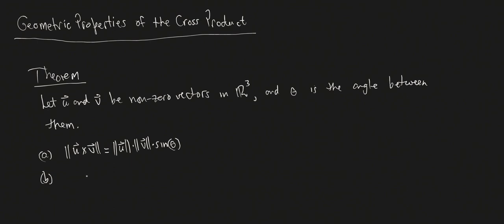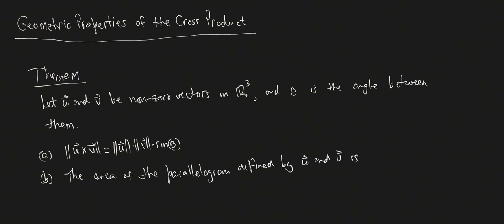Part B is a result that has to do with the area of the parallelogram defined by U and V. So that area is, look at the formula, the magnitude of U cross V. We talked about how we can use two vectors that are concurrent, they have the same initial point, and we can form a parallelogram based on them.